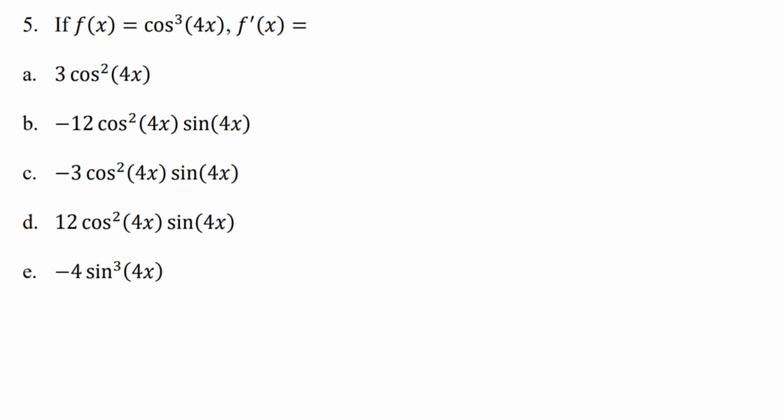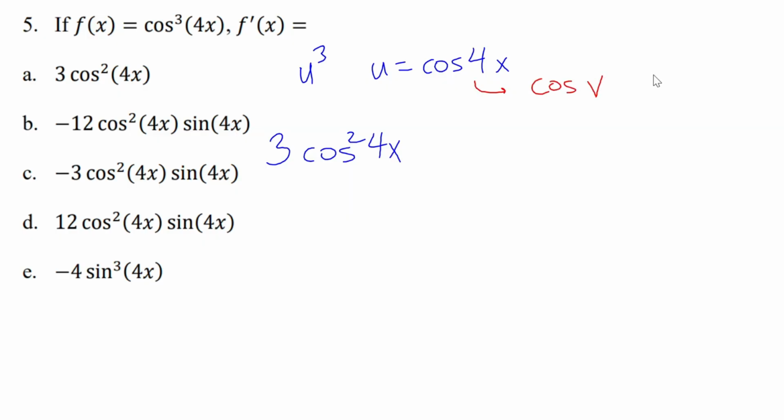So for number 5 here, we're just looking at the derivative of cosine cubed of 4x, which is like u cubed, where u is the cosine of 4x. So we want the derivative of u cubed, which will be 3u squared, so 3 cosine squared of 4x. And then we need to multiply that by the derivative of cosine 4x. Well, that's cosine v, where v is equal to 4x.